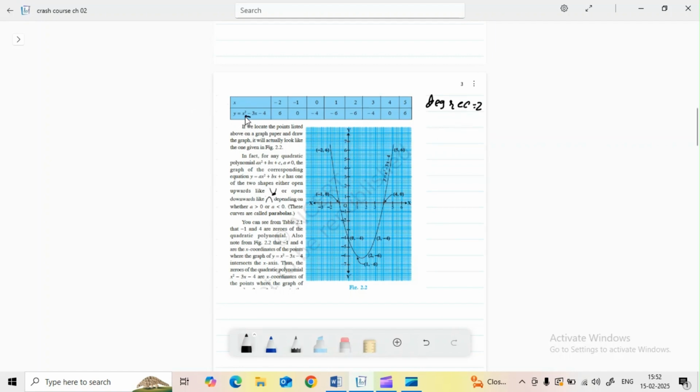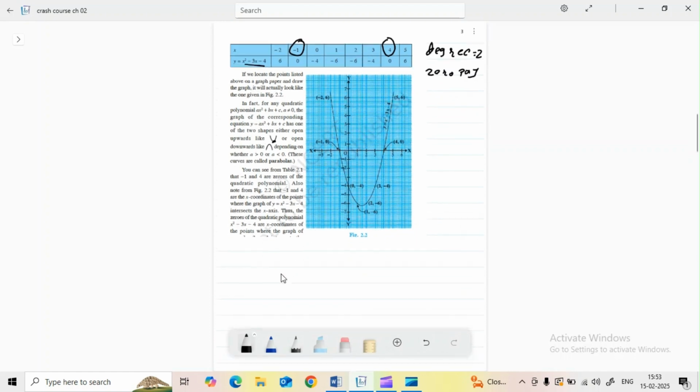Over here the equation is x square minus 3x minus 4. So at which points does the line intersect the x-axis? Over here we can see that at minus 1 and at 4, at these two values the graph intersects the x-axis. So these are called the zeros of the polynomial.